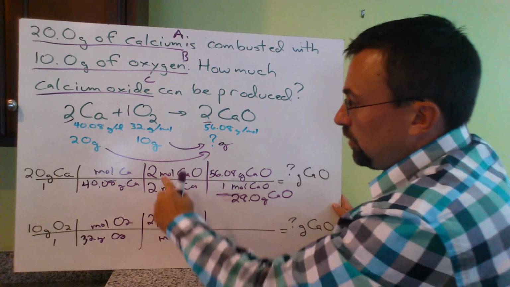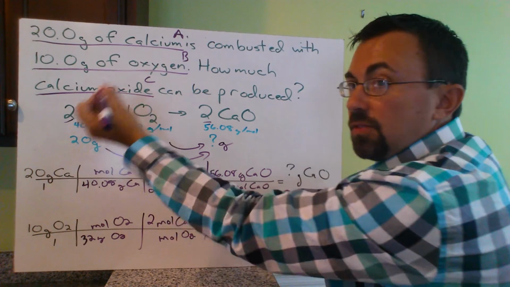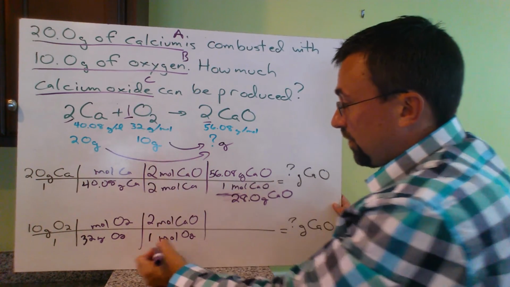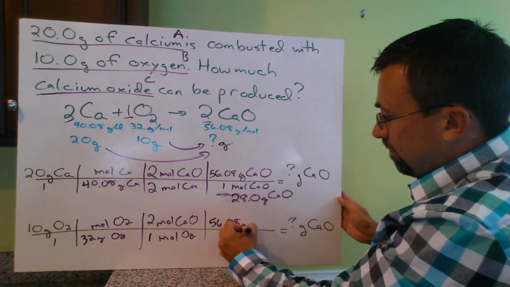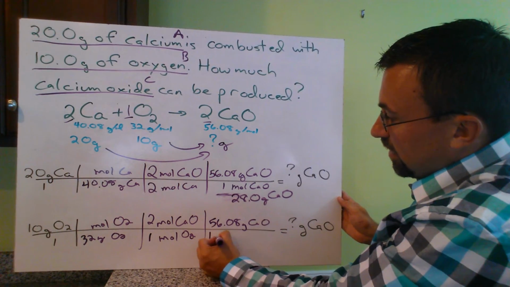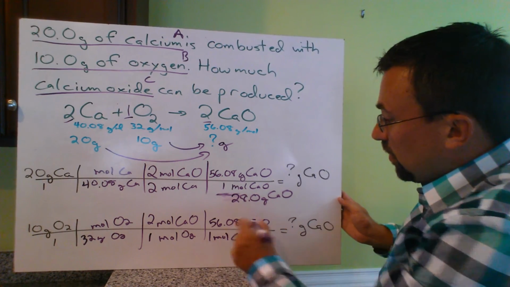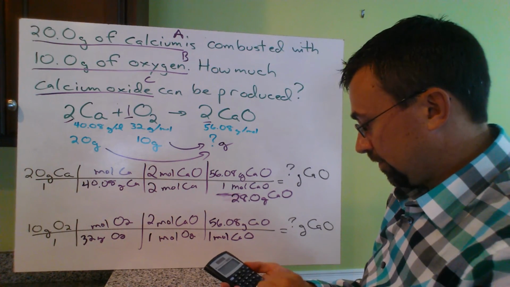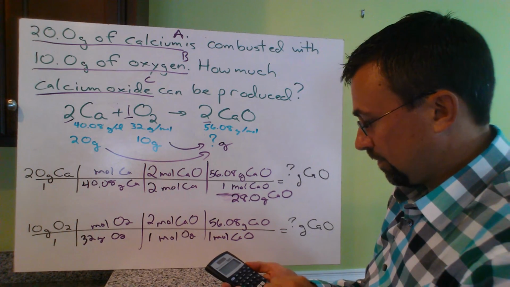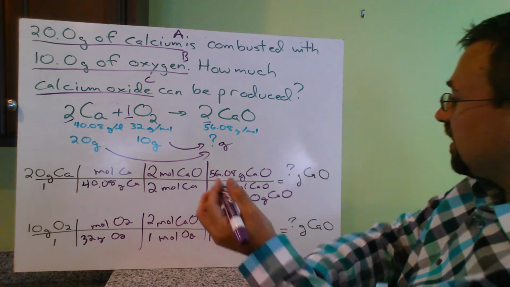And this is still 2, but oxygen now has a 1 in front, so we bring that 1 down. And then lastly, the formula weight's exactly the same. And just like our example with the cars, the number we want to keep is the smaller number. And in this case, I get 35.1.